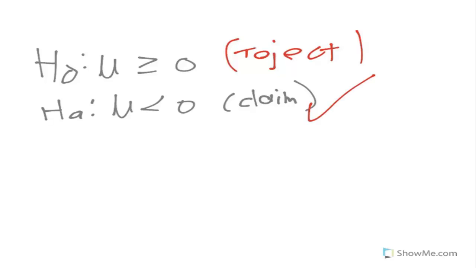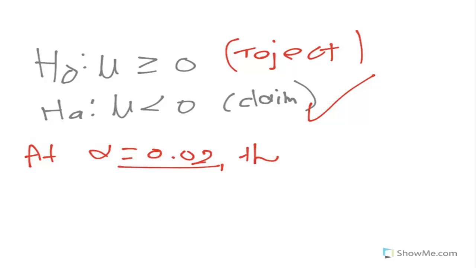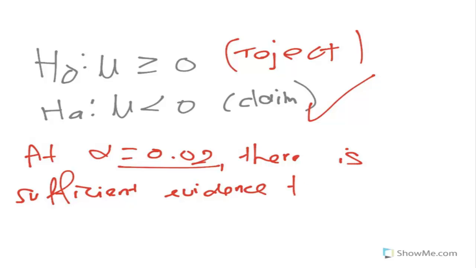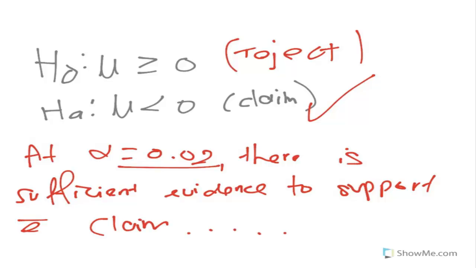So thus, your conclusion is, at alpha equals 0.02, which is the level of significance, there is sufficient evidence to support the claim. And yeah, basically what claim it is. So that's how you do it.